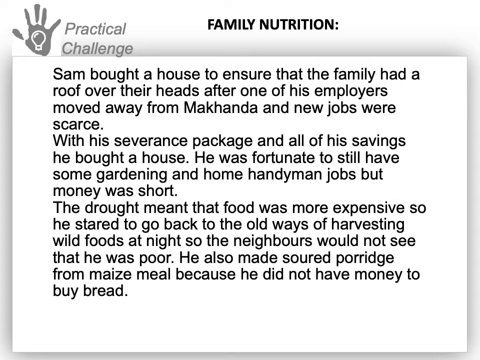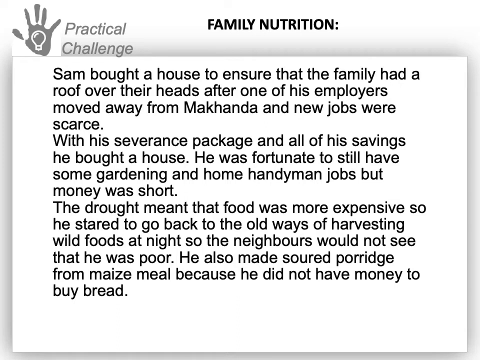Sam bought a house to ensure that his family had a roof over their heads after one of his employers moved away from Makhanda and new jobs were scarce. With his severance package and all of his savings, he bought a house. He was fortunate to still have some gardening and home handyman jobs, but money was short.